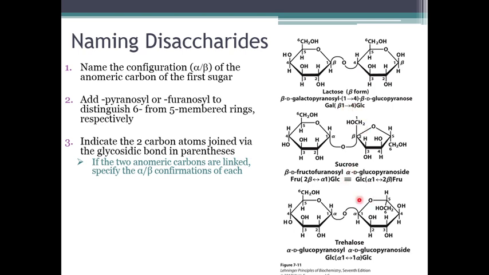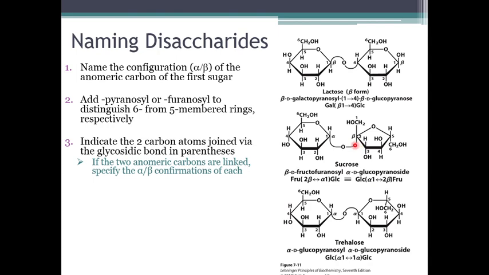In case of sucrose, it's the glucose alpha 1 to 2 beta fructose. In case of glucose, it's the first carbon, and in case of fructose, it's the second carbon.